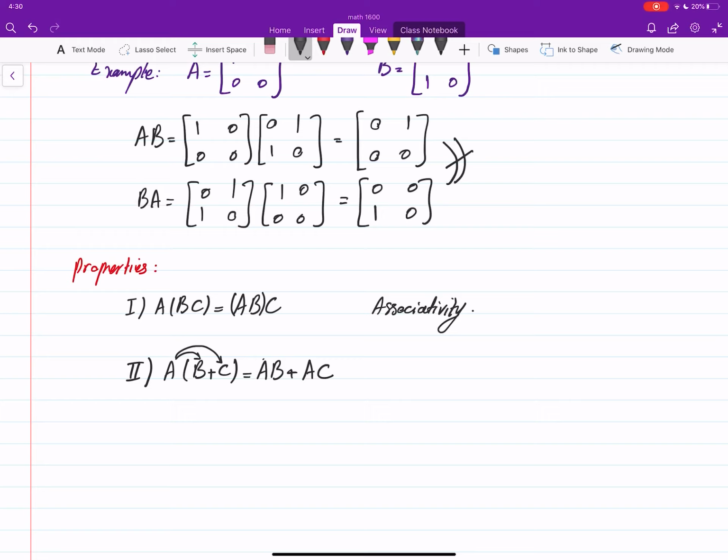If it is from the right, then you multiply C from the right to A and C from the right to B. So these properties are called distributivity.